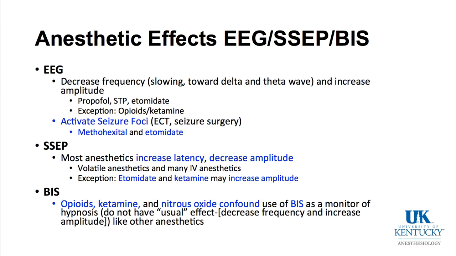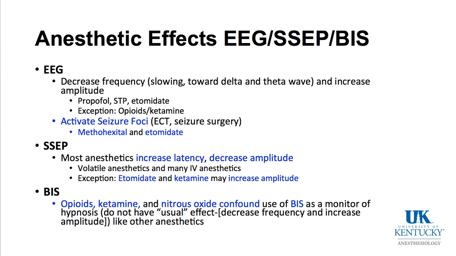The SSEPs that are used often during back surgery, for example, scoliosis surgery, the latency, or the time it takes for a signal to go, for example, from the lower extremity to the subcortical and the cortex, is increased by our anesthetics, and the size of the signal or its amplitude is less. And our volatile anesthetics and many of our IV anesthetics have that effect on the SSEP, making it harder to monitor, actually.